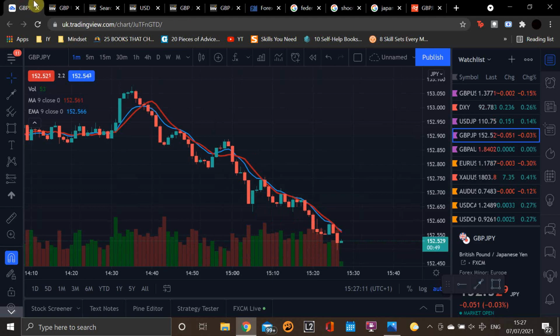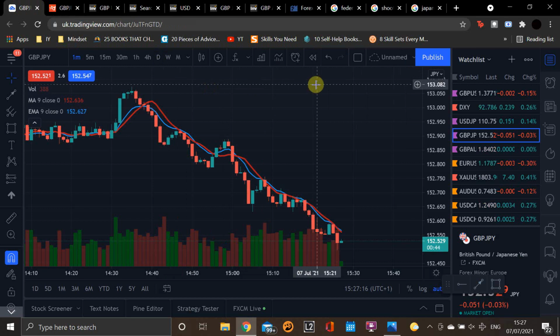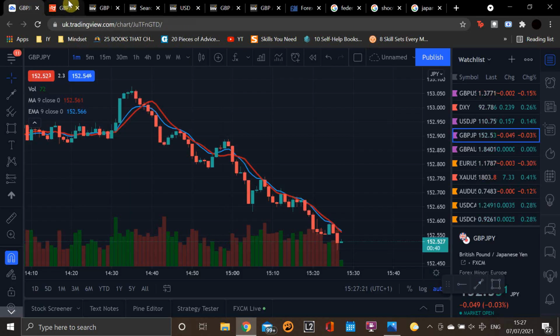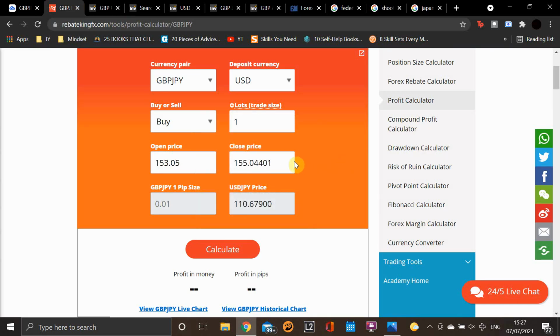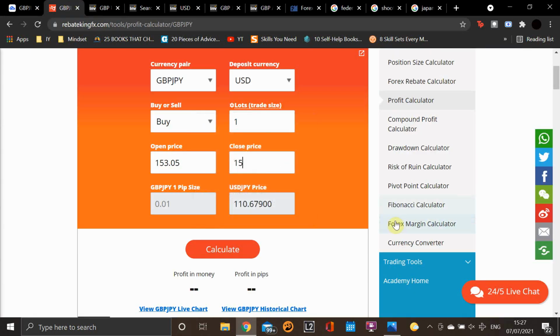What did I say before? 153.05 to 152.65. And let's say I was trading with a 0.05 lot size. How much would that be? So I'm being good, 40 pips. Good 40 pips.